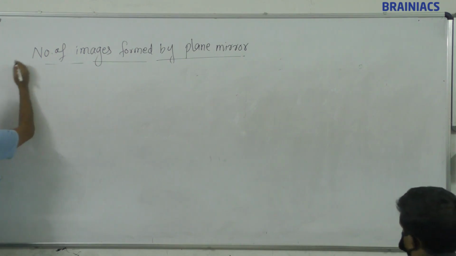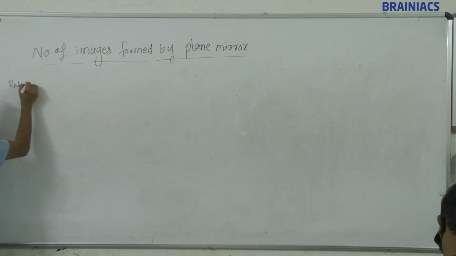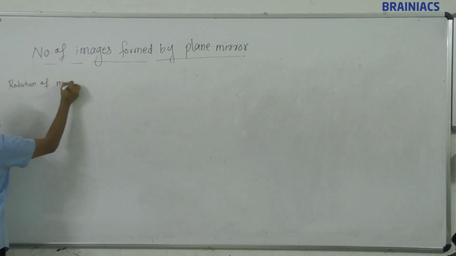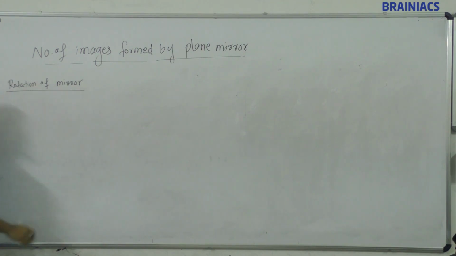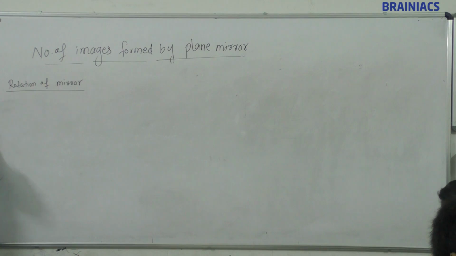Next one, rotation of mirror. First point, if the mirror is rotated by theta degree, then the reflected ray will rotate by 2 theta degree.